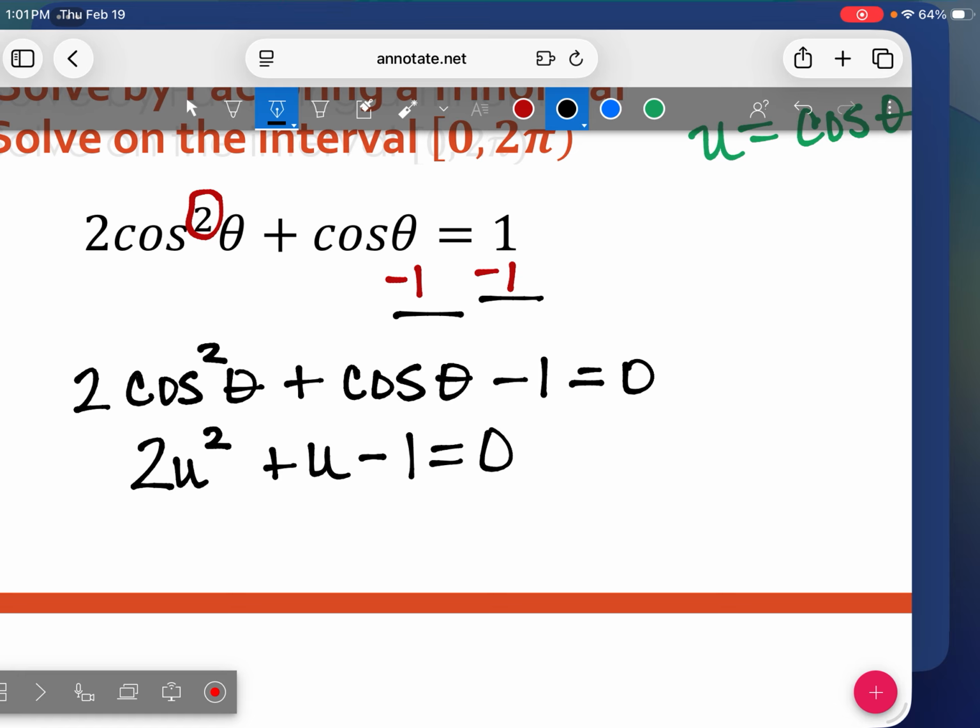How many of us remember how to factor? Both A times C and B, so it's negative 2. Wait, oh, negative 1. Oh, okay.